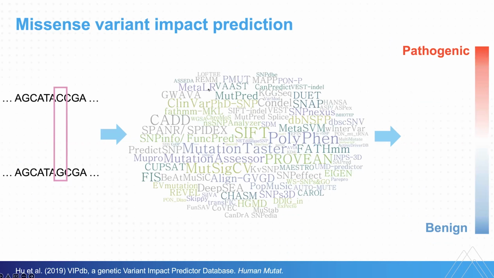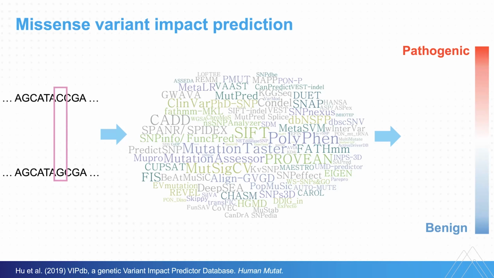And as I mentioned, there's a large suite of tools. There are about 100 tools that address this goal. This figure is taken from VIPDB, where they've made this word cloud of the different methods, with the font being scaled according to the number of citations the methods have accrued. These methods find use in both basic research and clinical applications.